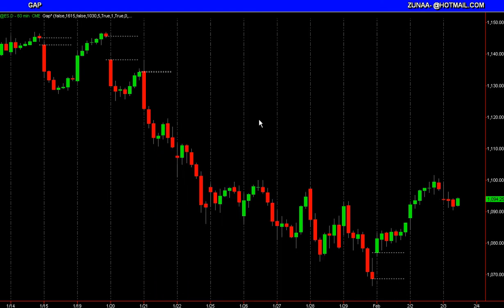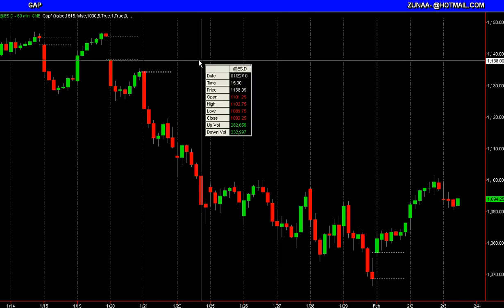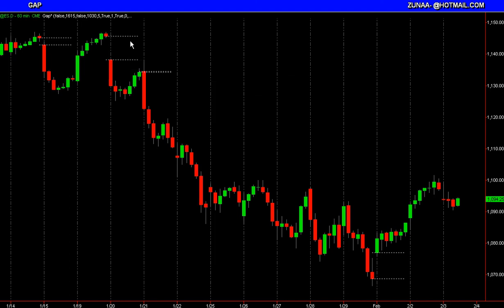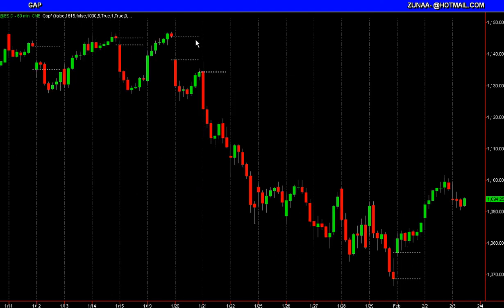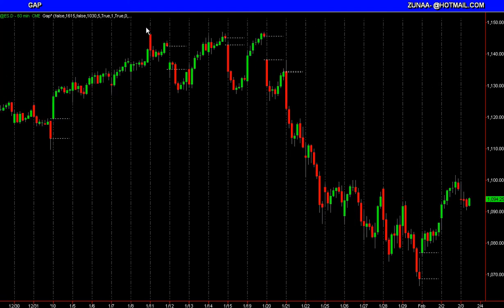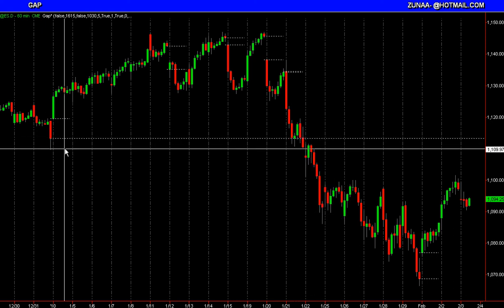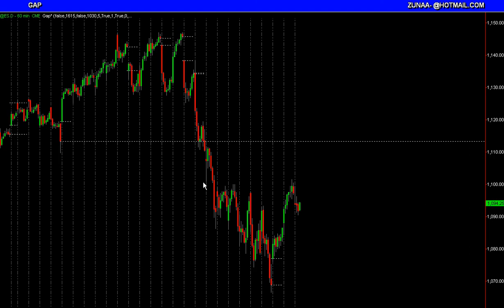For me, I'm interested in gaps that are not filled as opposed to gaps that are. So this would be something of interest. And obviously, as you can see, it's also at this congestion area or swing point. This area here. So if you're looking, you could see that intraday this area produced, and it coincides with this swing point as well.